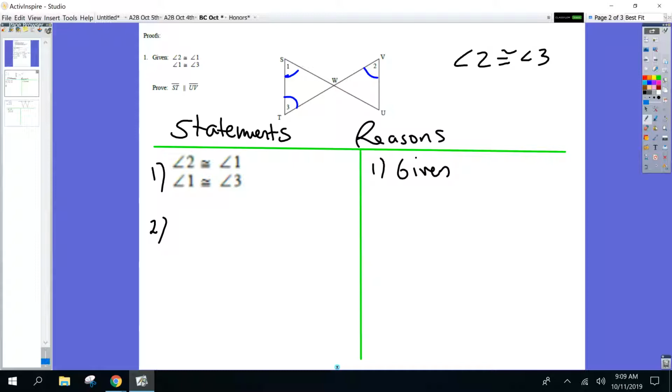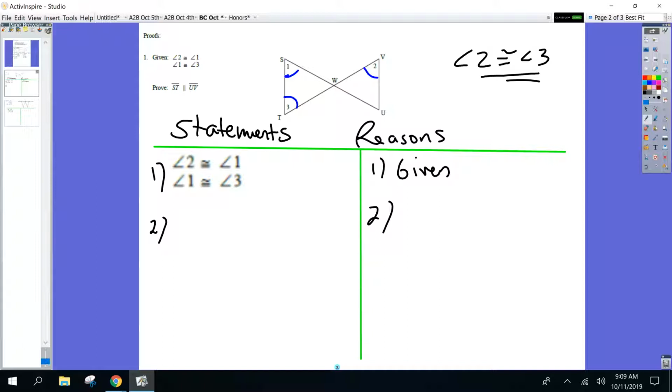So here's your proof now. If you can get them congruent, what happens to the lines? They're parallel. So make this your goal right now: get me 2 congruent to 3. But you can't say they're alternate interior because I don't know the lines are parallel.